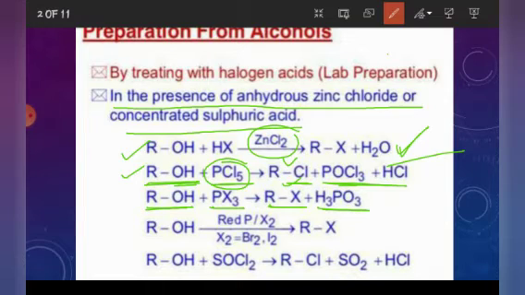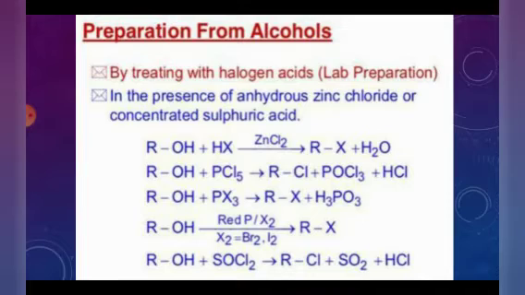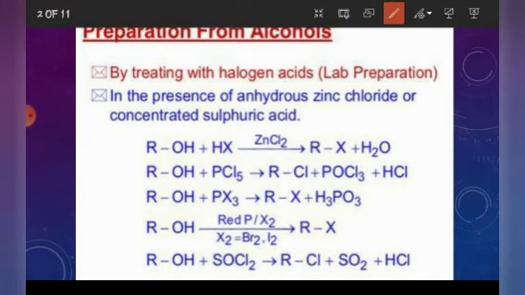So, phosphorus halides, whether pentachloride or trichloride, react with alcohols and produce haloalkanes.